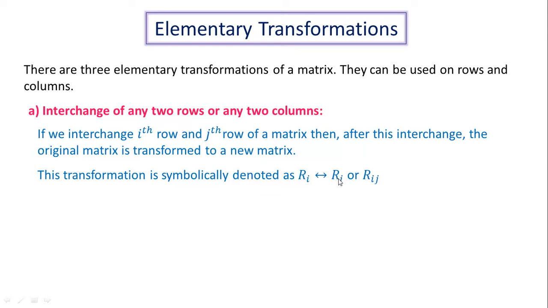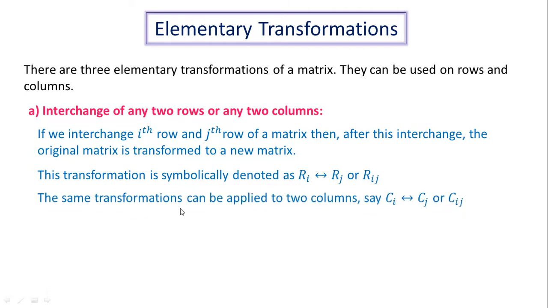It is denoted as Ri interchanges to Rj, where R stands for row and i and j are suffixes which denote the row number. It can also be written as Rij.